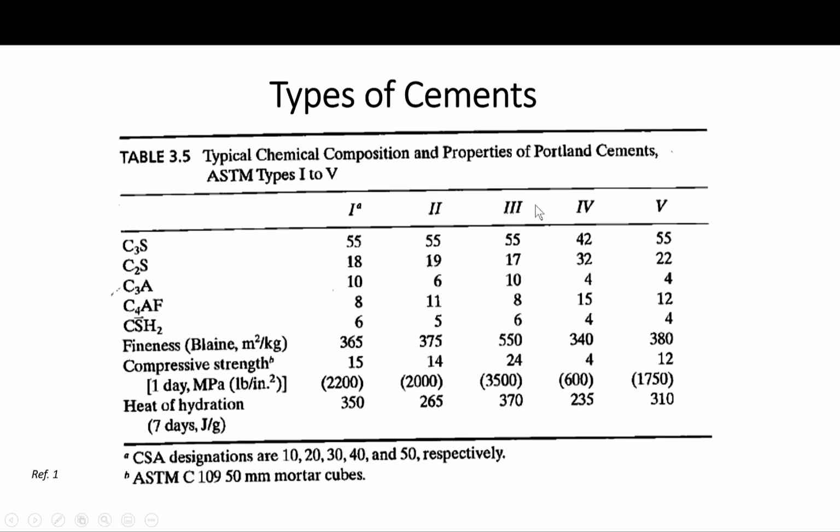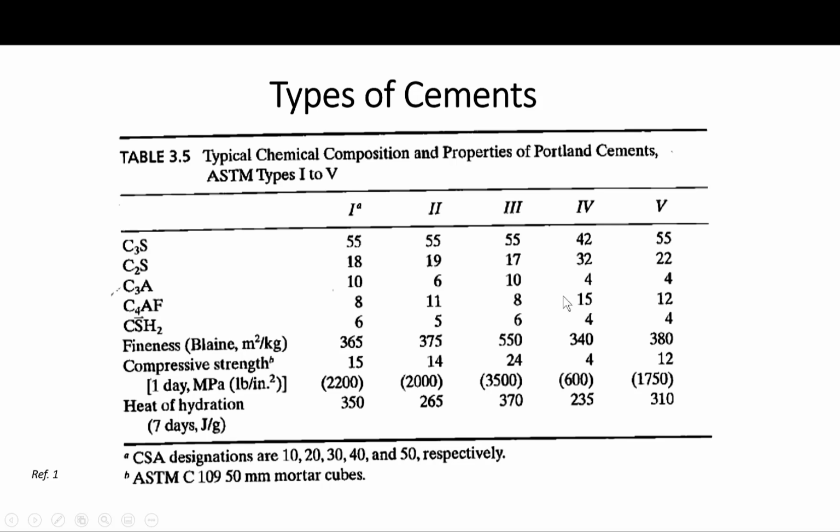That's really what makes it type 3. The C2S is 18%, 19, 17. Look at types 4 and 5, where we have lower C3S, for example, 32% for type 4. The C3A, of course, look at type 2, it's less than type 1. This is the moderate sulfate resistance, moderate heat of hydration. Type 4 is less, type 5 less as well.